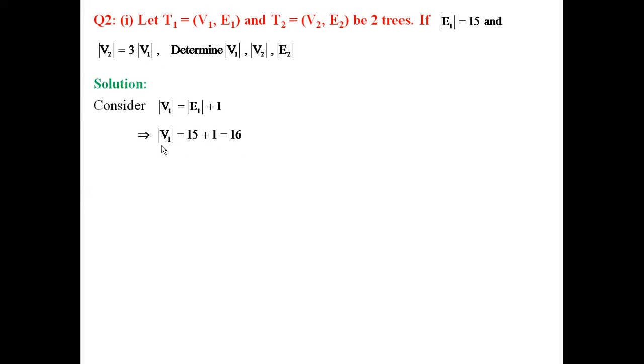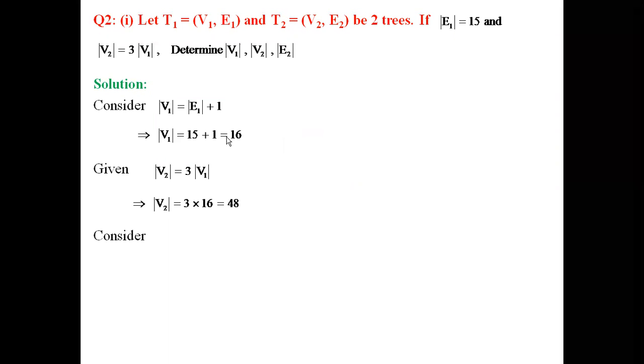So V1 is equal to 16, the number of vertices in the first tree. Now it is given that V2 is equal to 3 times V1. Since we know the value of V1, we substitute it. So 3 into 16 gives us 48, the number of vertices in the second tree.